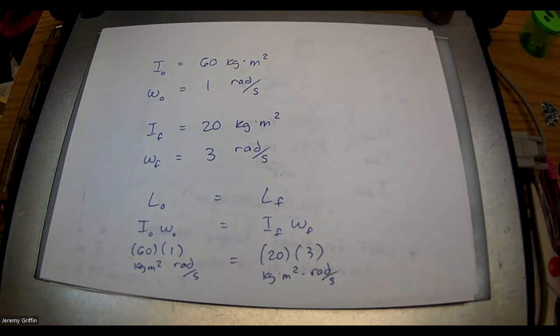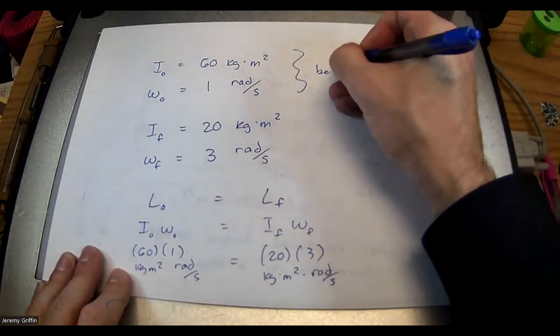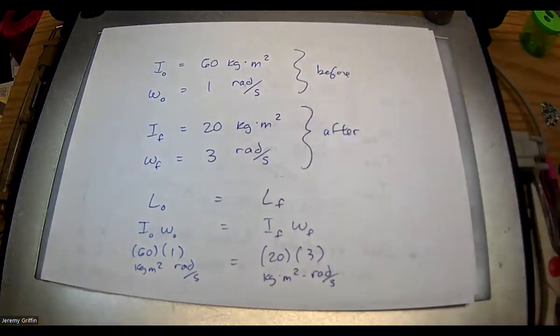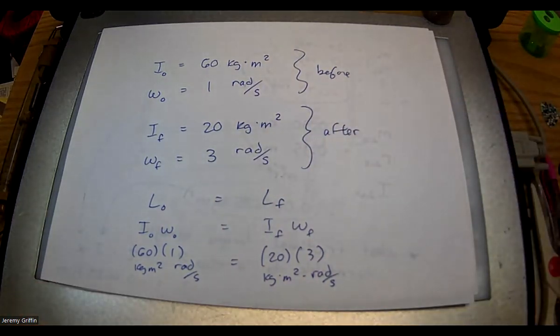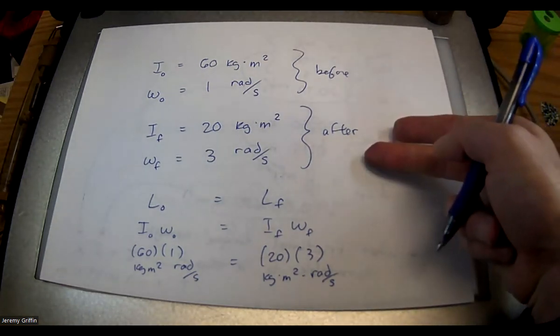You guys see that? Hey, here's before, here's after, pre and post, which one of these has more rotational kinetic energy? Yeah, this after one, right? There's a few ways you can get that.